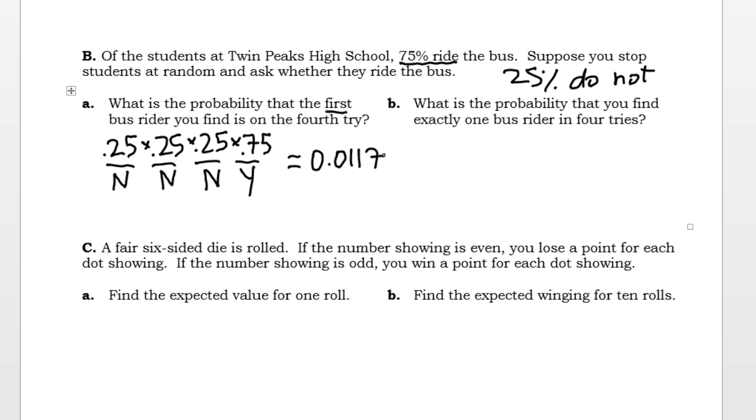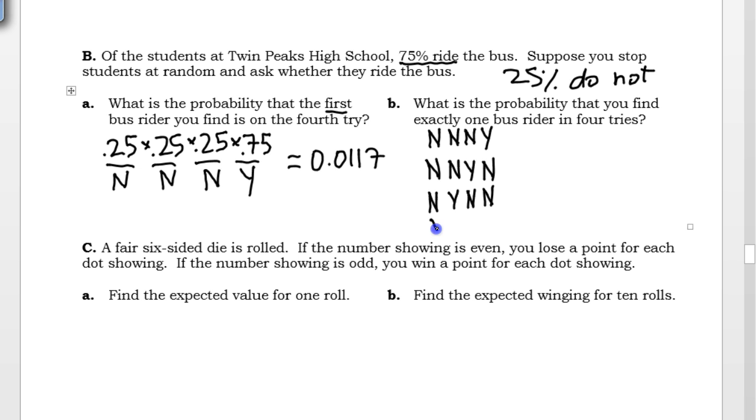What is the probability that you find exactly one bus rider in 4 tries? So that means the first try might be no, no, no, yes, or no, no, yes, no, or no, yes, no, no, or yes, no, no, no. I would have to add those 4 responses.